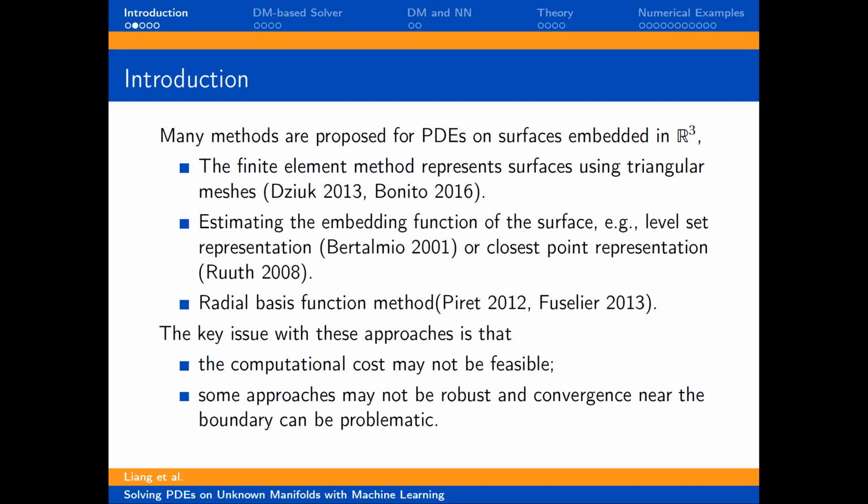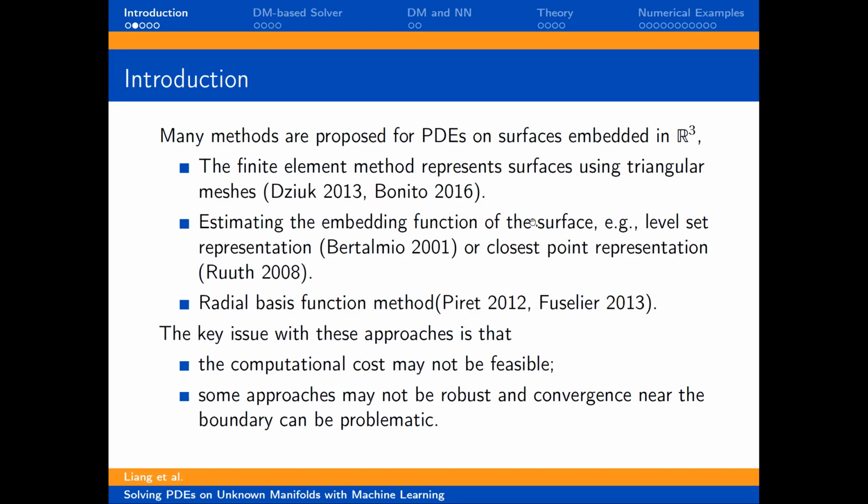Many methods have been proposed for solving PDEs on surfaces, but most of them are limited to surfaces of not very high dimension, for example, only in dimension R3. They typically parameterize the unknown manifold and use the tangential derivative to solve the PDE.